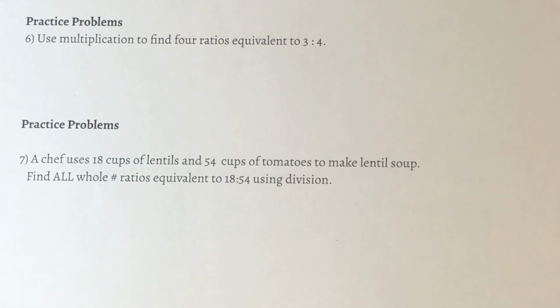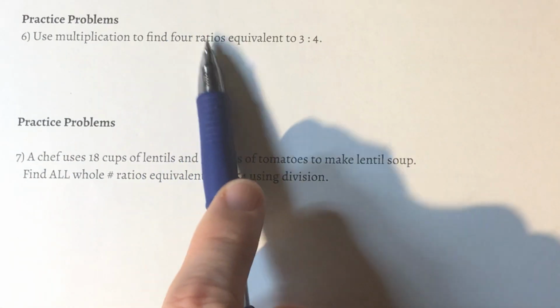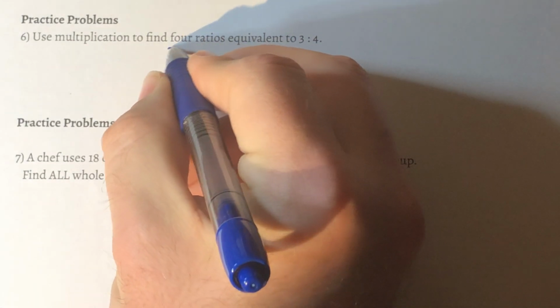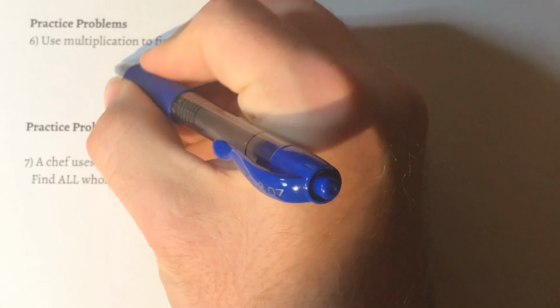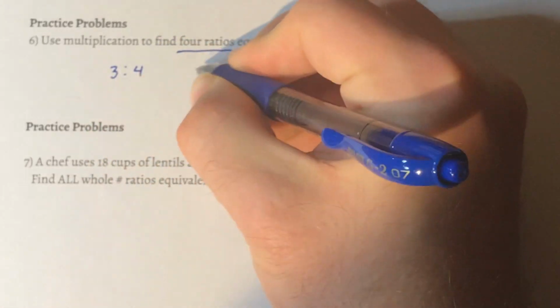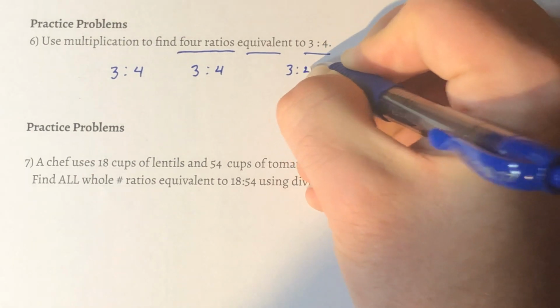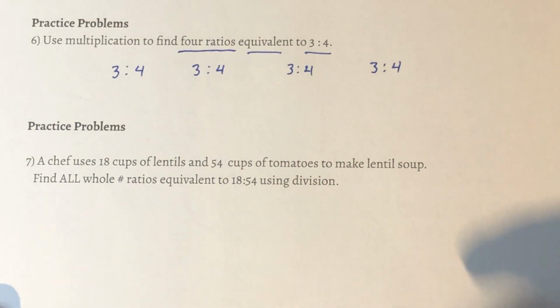We're going to use multiplication to find 4 ratios equivalent to 3 to 4. So 4 ratios equal to 3 to 4. So we're going to write 3 to 4, 4 times. And we're going to make this super easy.